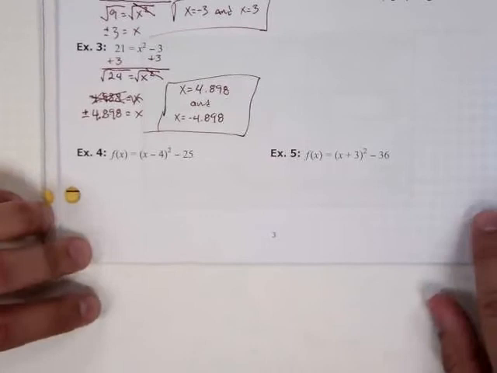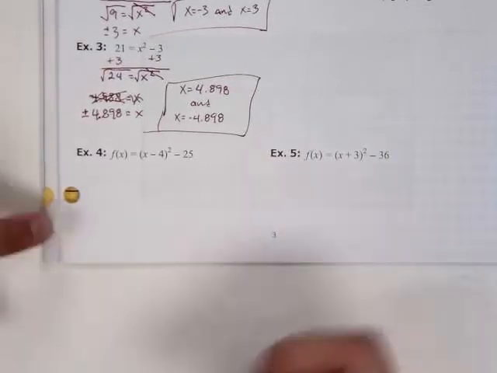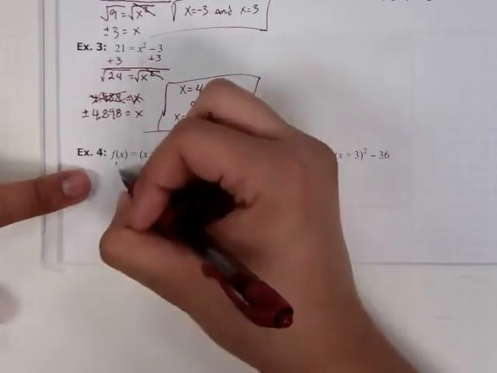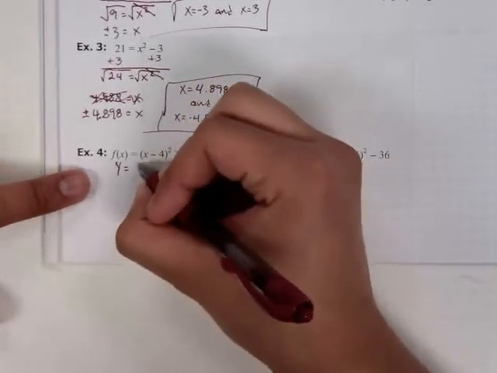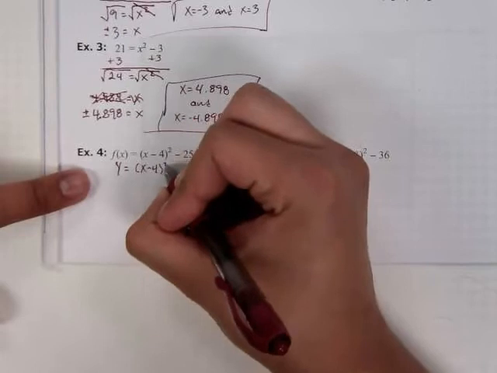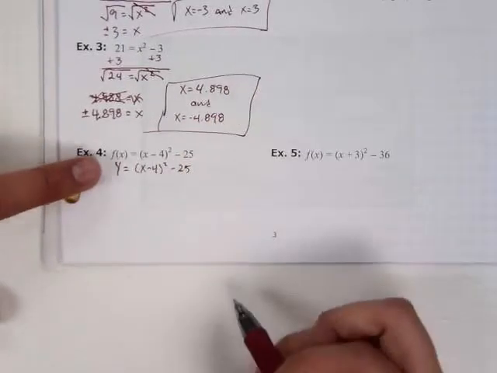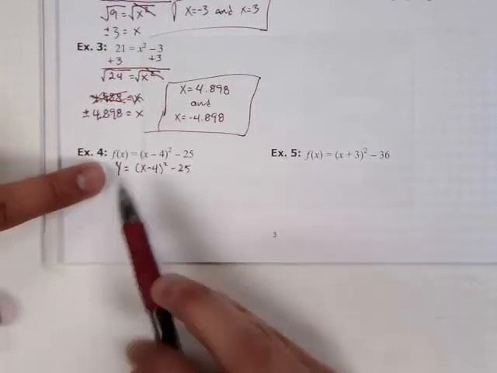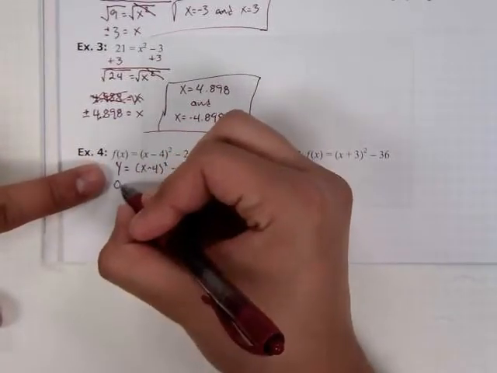Alright, example 4, change it up just a little bit. So remember, f of x means y. So this is the same as saying y is equal to x minus 4 squared minus 25. So we have a y, that means we can't do step 1, get y by itself. Done. Step 2, replace y with 0.